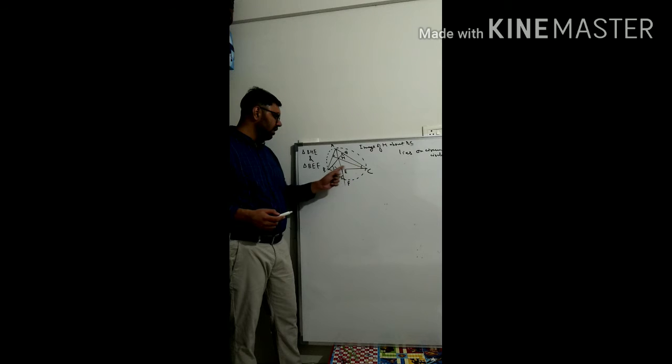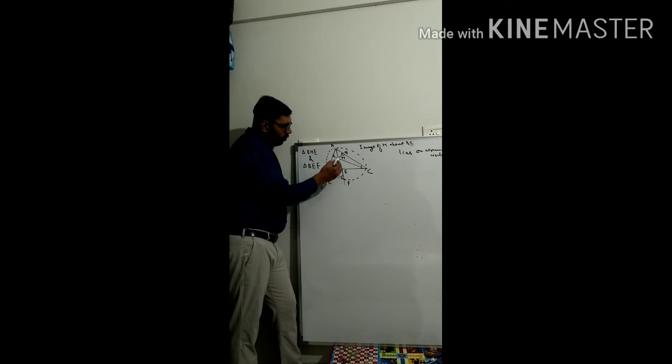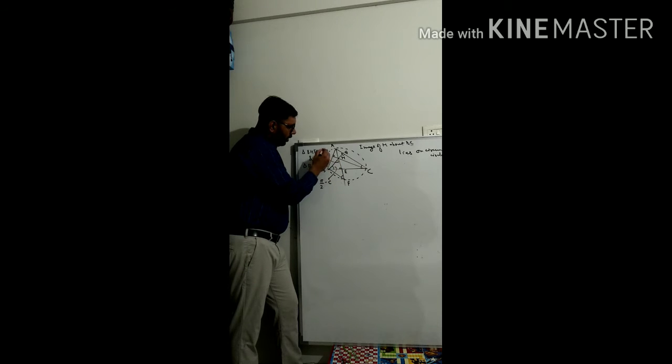Now if this angle is C, therefore this angle must be pi by 2 minus C. So this angle will be equal to C, correct? Because this is a right angle triangle, obviously the sum of these two angles has to be 90, and this angle is pi by 2 minus C. Therefore this angle will come out to be C.